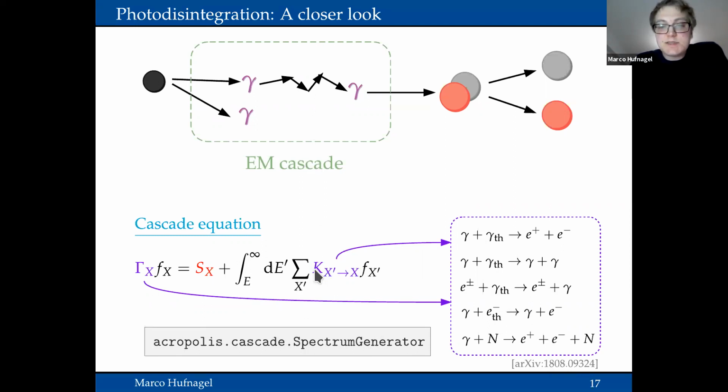However, besides these model independent reactions, you also have a model dependent input, and these are the source terms for these different injections. So the source term is different depending on how you inject these particles. So if it's a decay or annihilation, then the source term can be different. So this really depends on your actual BSM model. So if you implement a certain model, this is something you have to provide.